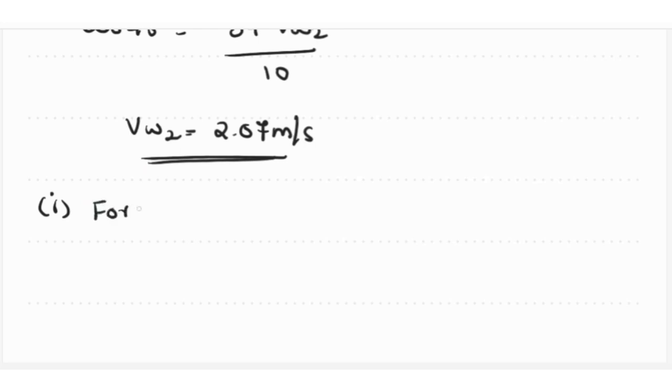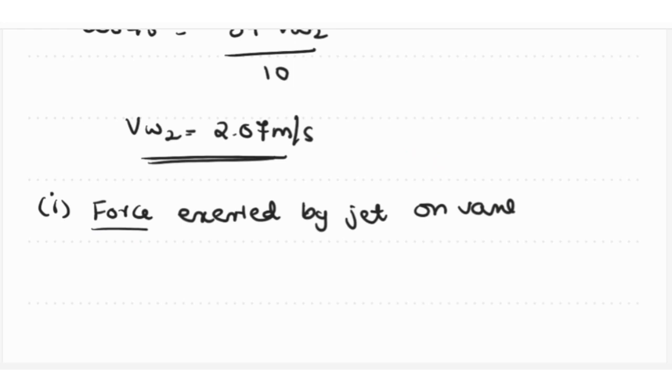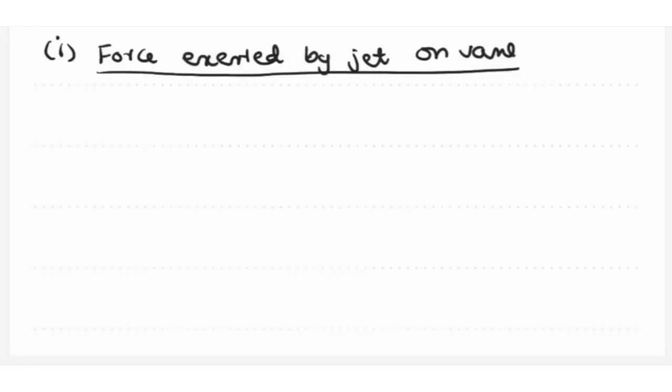So let us go with the first one. Force exerted by jet. The difference between a single vane and a series of vane is in the place of mass per second. For the single vane we will substitute rho into a into relative velocity, but here for a series of vane we will substitute the velocity of jet.